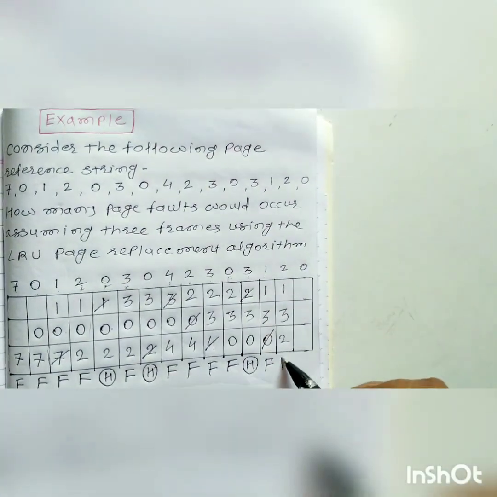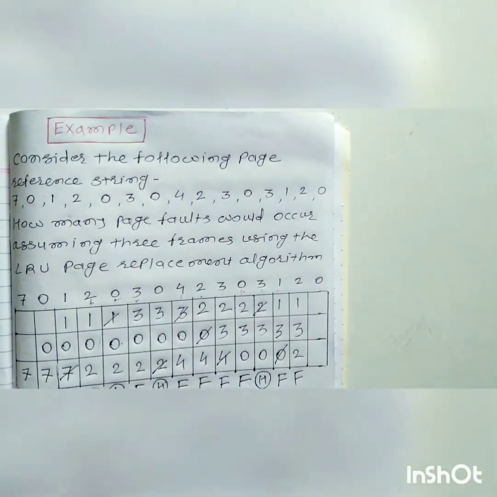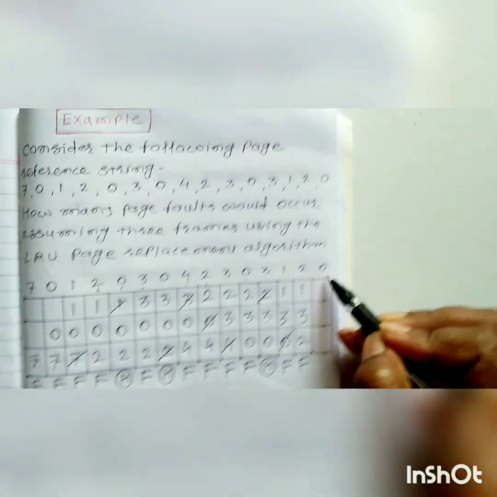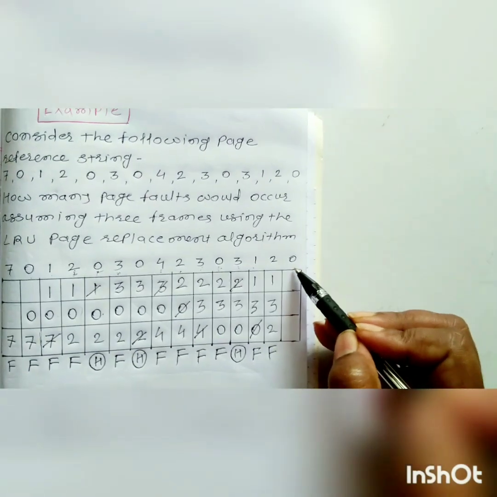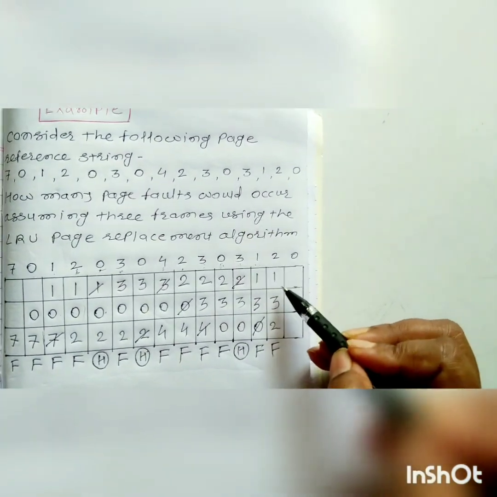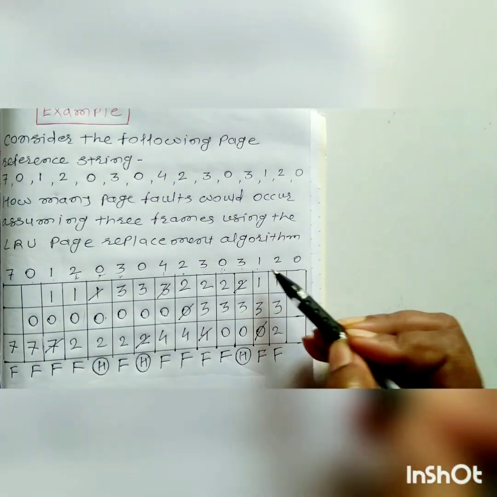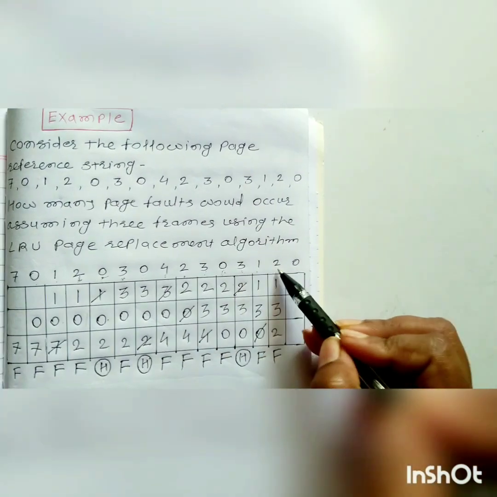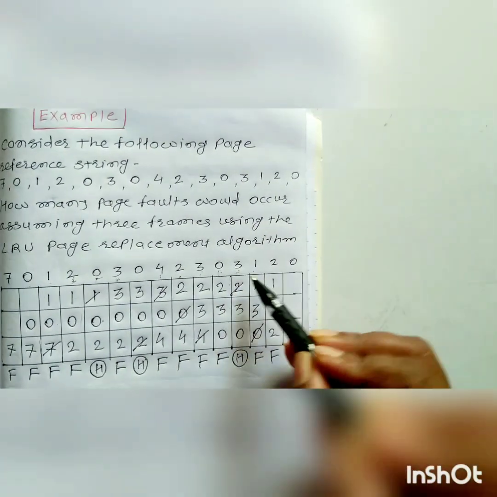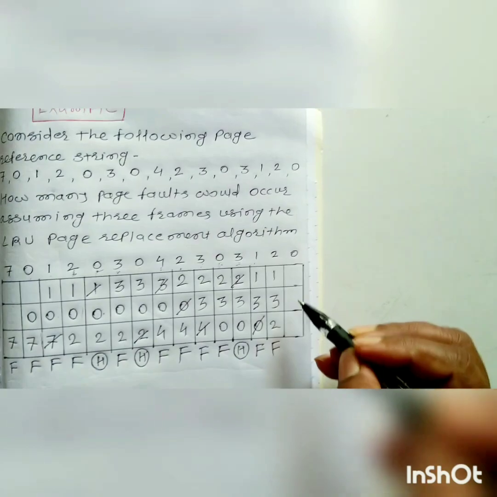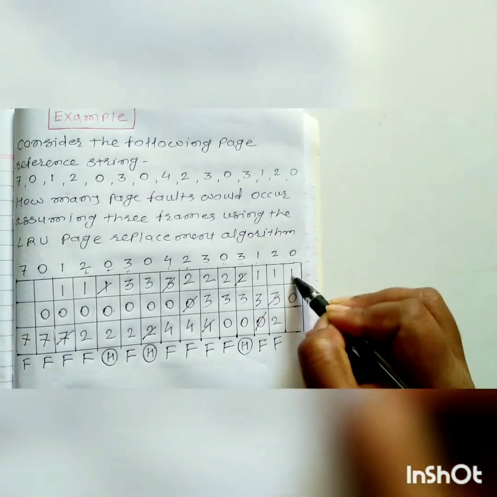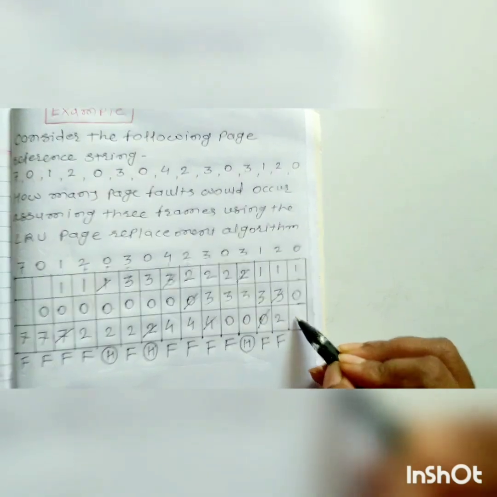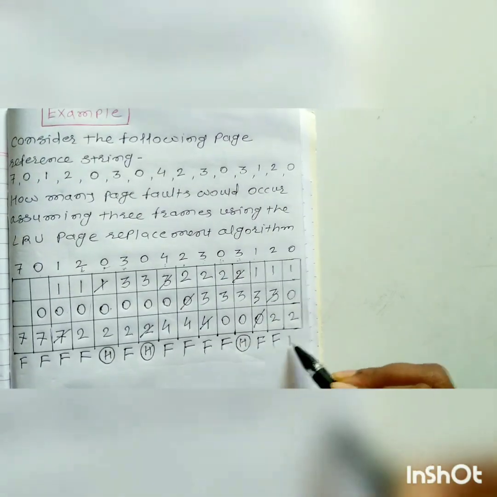Again, this is a page fault. The last page you want to insert is 0. To insert this 0, I will check pages 1, 3, 2. Out of this, 3 is the least recently used. So simply replace this 3 by 0, and the remaining pages are same. So this is what? Page fault.